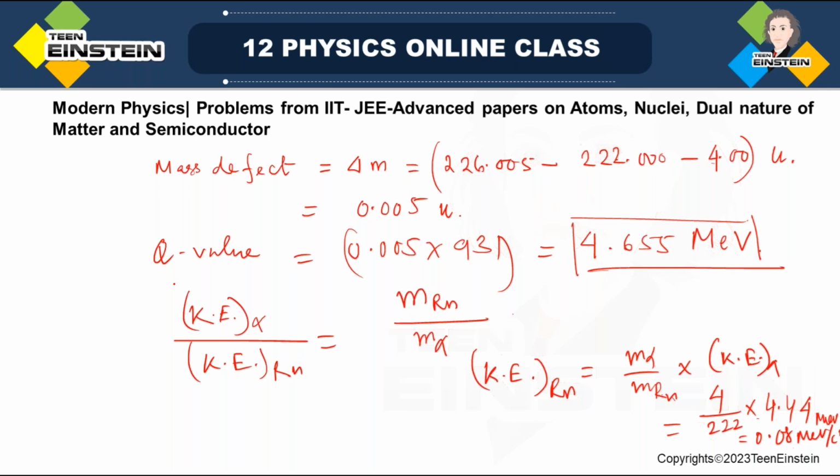Okay, so what is the energy of the gamma photon? The gamma photon is released taking the rest of the energy. So the total Q value should be shared by the alpha particle and the daughter nuclei radon.